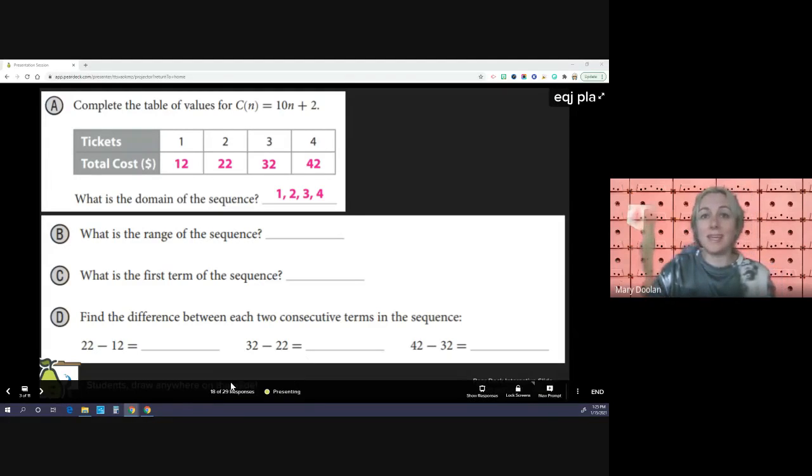Okay, we're up to 18 out of 29. So as soon as you click on this and you start doing anything, it counts as a response. So if you're one of the, let's see, 11 people that haven't started typing anything yet, what are you doing? 10 more people.